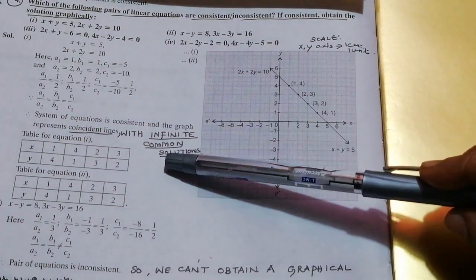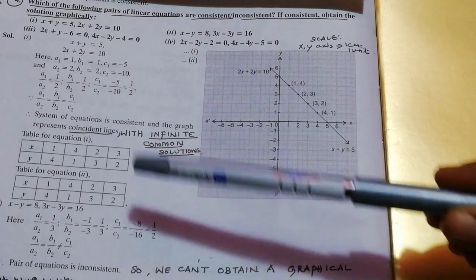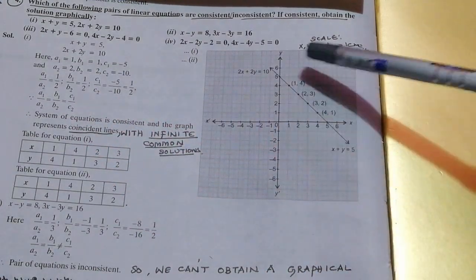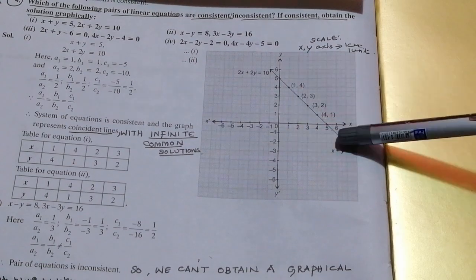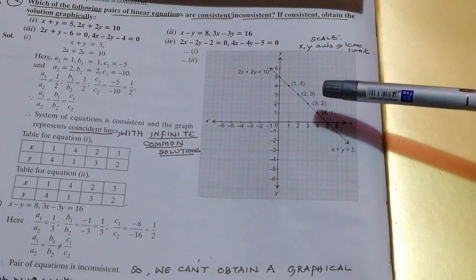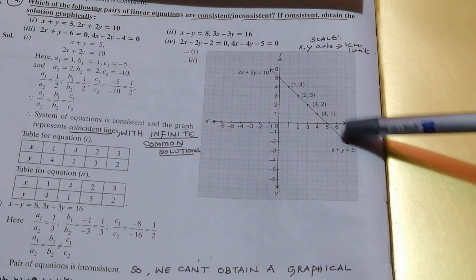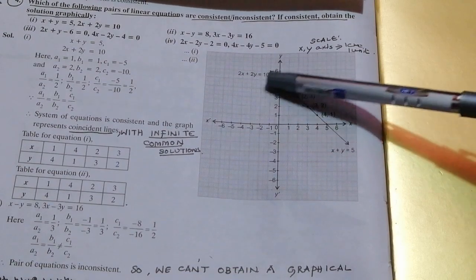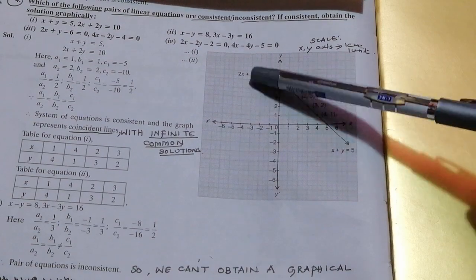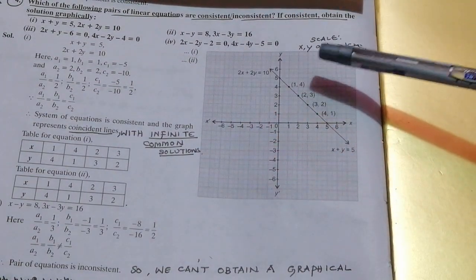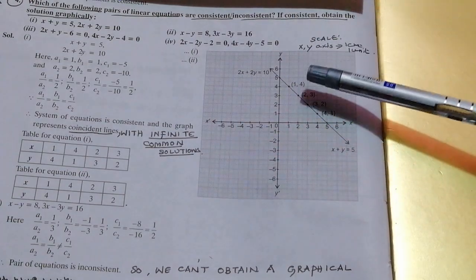Since the condition is a1 by a2 equal to b1 by b2 equal to c1 by c2, both the lines coincide with each other. Each point on these lines is a common solution for these 2 lines. So this system is a consistent system with infinitely many solutions.